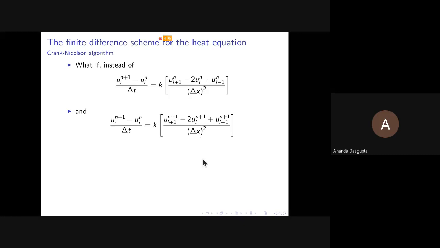Now, in fact, a compromise between the two happens to be something which is both unconditionally stable and more accurate. Can you tell me what you would use instead of using either of the two? What do you think would give you more accuracy, other than this one or this one?